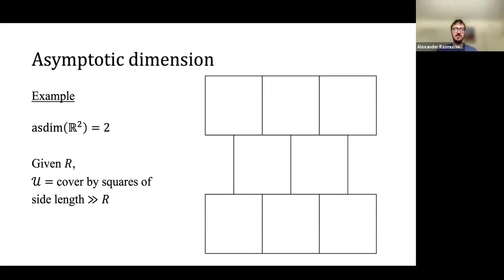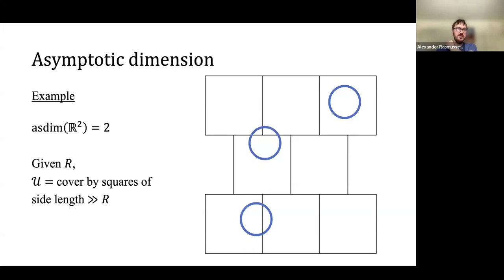So why is this a good cover for this definition? You want to see how an r ball intersects the different squares. There are 3 things that could happen. So these are 2 possible r balls. The worst thing that could happen is if your r ball is centered somewhere near a vertex, in which case the ball intersects 3 squares. And that's the absolute worst thing that can happen. So that shows you the asymptotic dimension is at most 2.